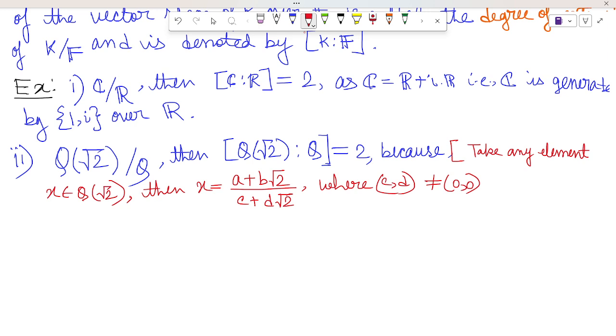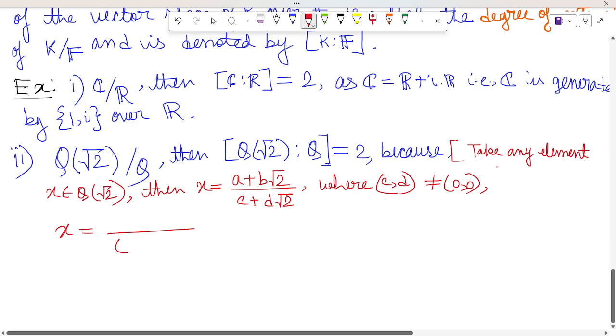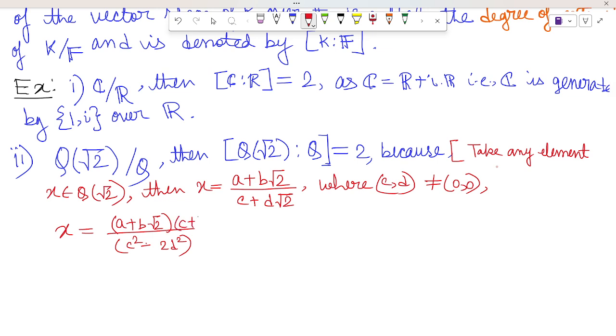That gives c square minus 2d square in the denominator, and the numerator is a plus b root 2 times c minus d root 2.